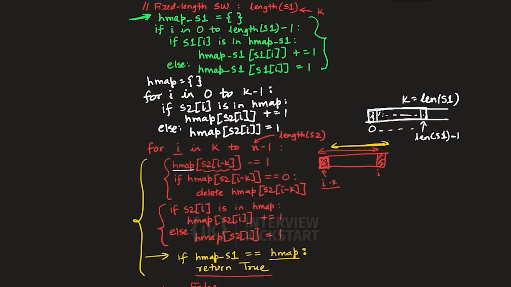Okay, so this initializes our leftmost window, and so we need to add that check here also, that what if the leftmost window happened to correspond to a permutation of the string S1.